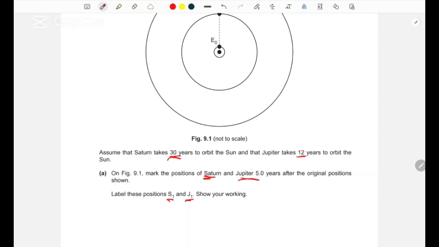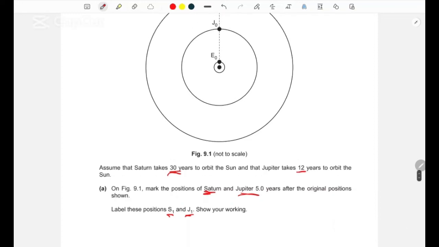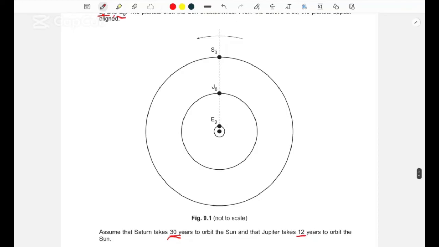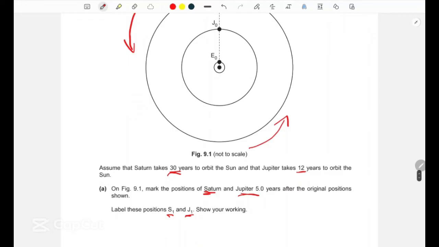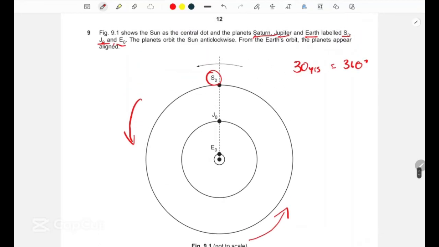So this question is a bit tricky. This is Saturn, and it takes 30 years to complete a whole circle. We know that it goes anticlockwise. So it takes 30 years to do a complete 360 degrees, or a full circle. We are asked for the positions of Saturn and Jupiter after 5 years.